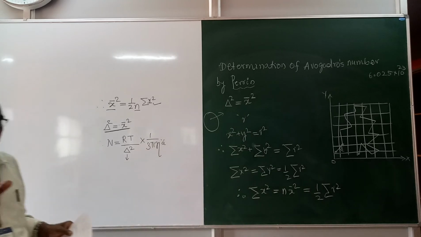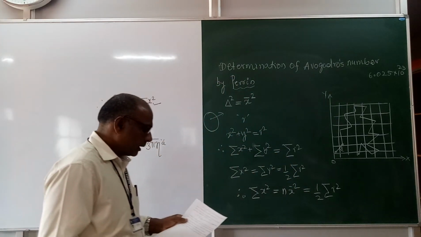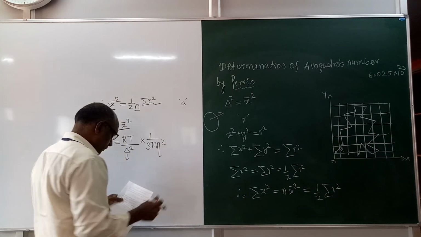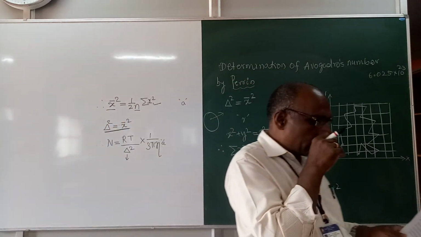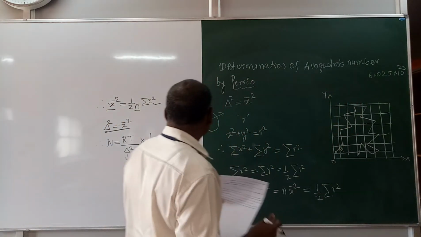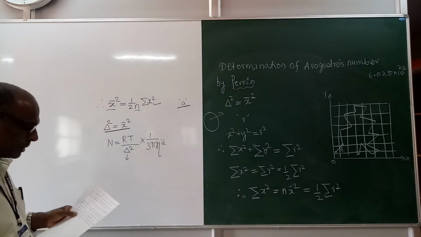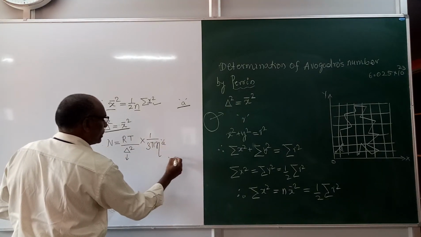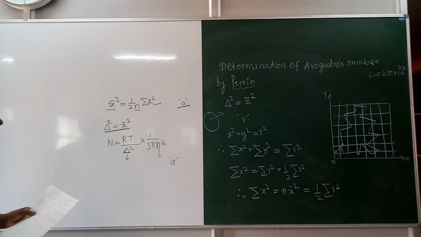Later on, he took a row of particles and observed them with the help of a microscope, and he found the sum of the diameters. If he determines A, the diameter, and delta square, the other terms are constant.